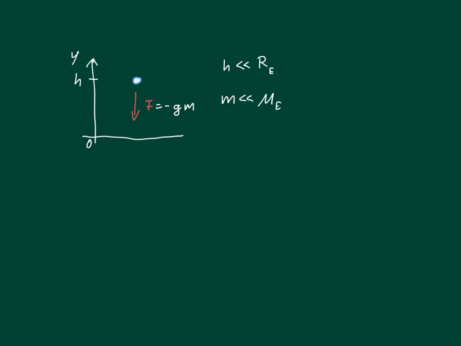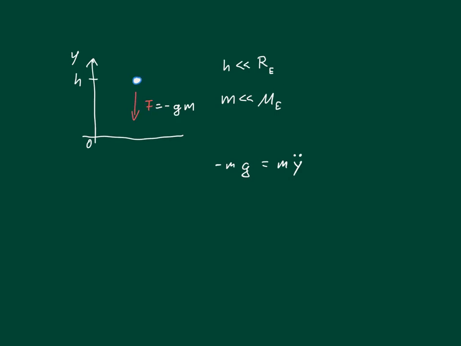In the coordinate system which I plotted here, we have the equation where on the left hand side we have the force acting on the body m, and the force is given by the mass of the object times the second time derivative of the coordinate y.